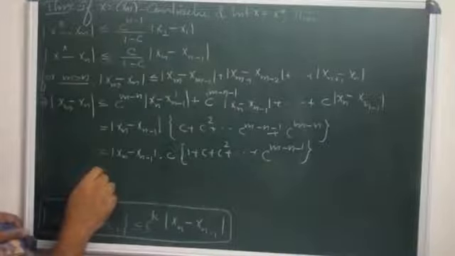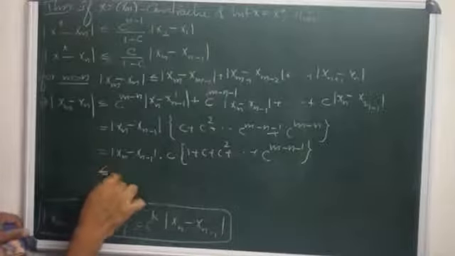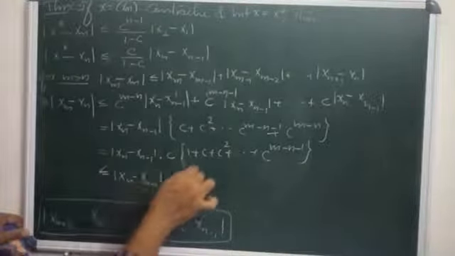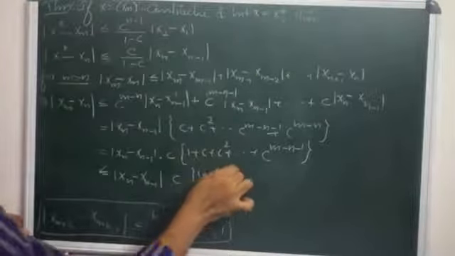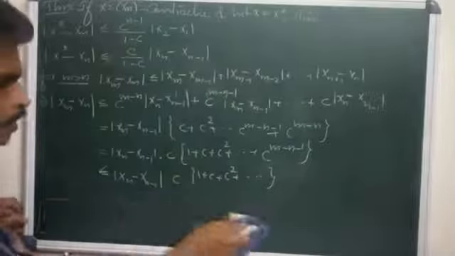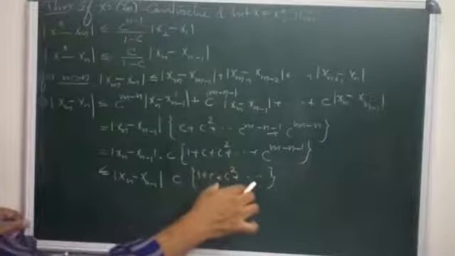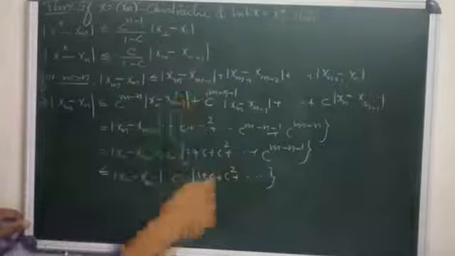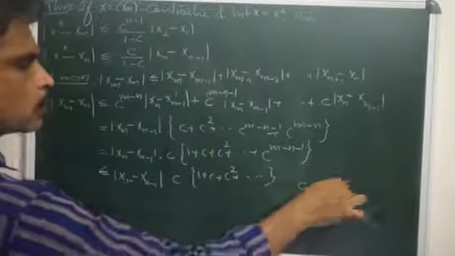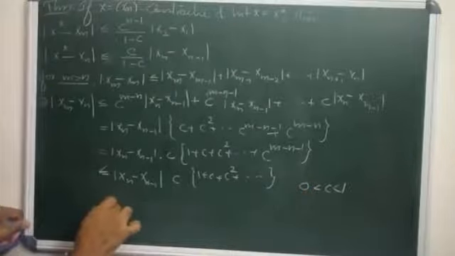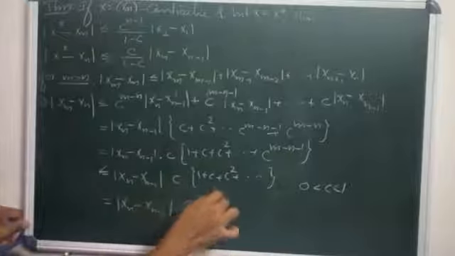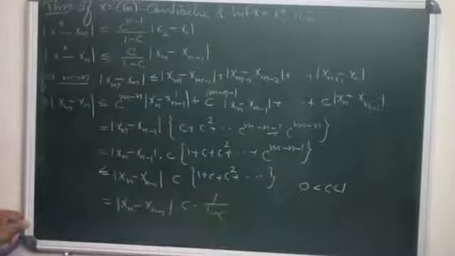Okay. So which is less than or equal to modulus of x_n minus x_{n-1} into c into 1 plus c squared plus etc. What is the term inside this bracket? That is nothing but a geometric series having common ratio c, but c lies between 0 and 1. Therefore, the sum of this infinite series is 1 by 1 minus c.